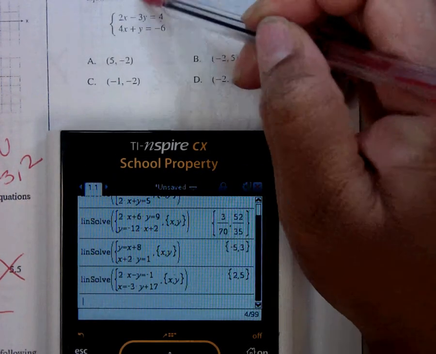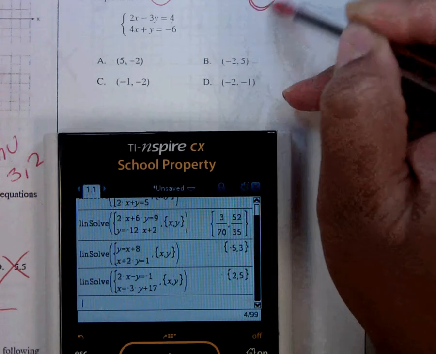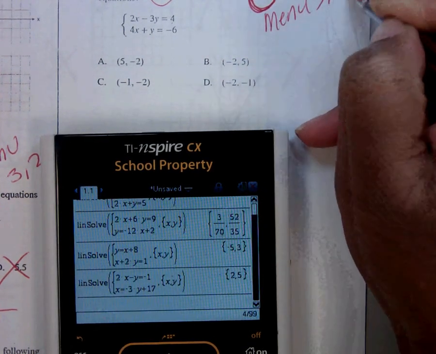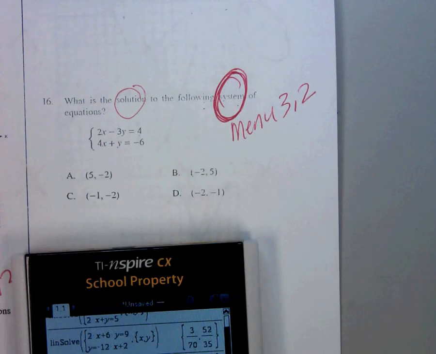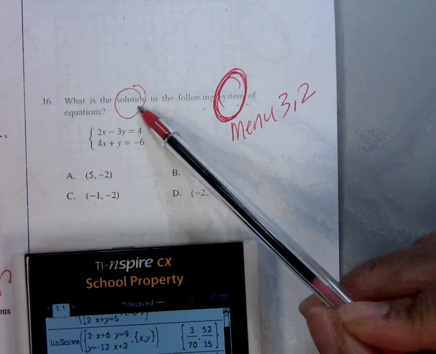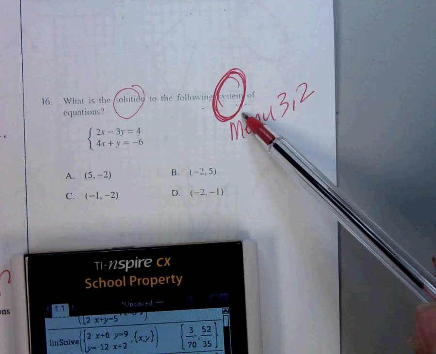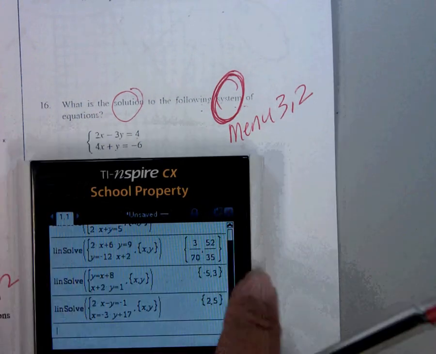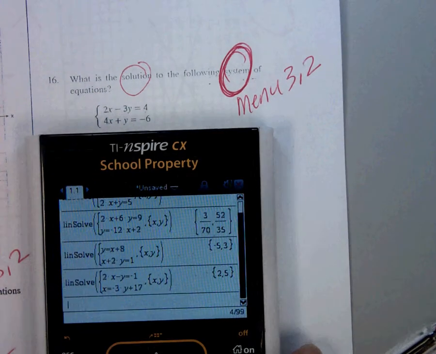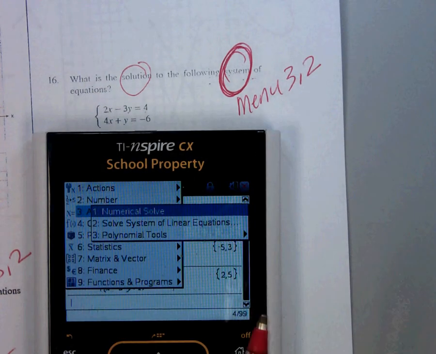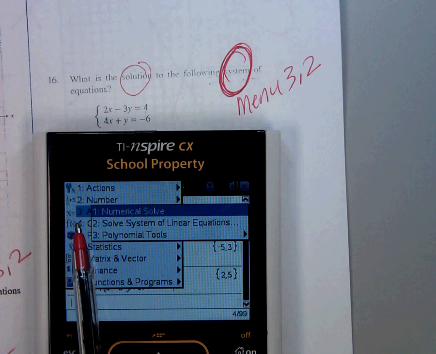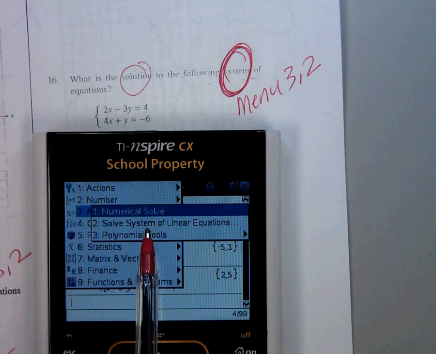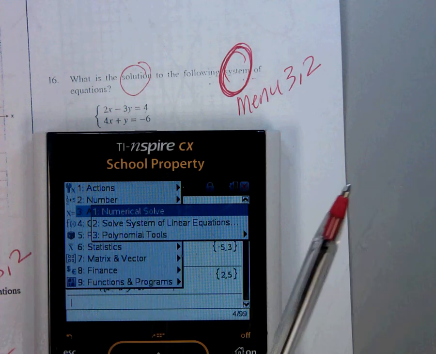What is the solution to the what? There's the key word. Solution to the what? It's the key word for this. We're in algebra, so that's why we hit 3. And what word pops up on 2? Yes, it does.